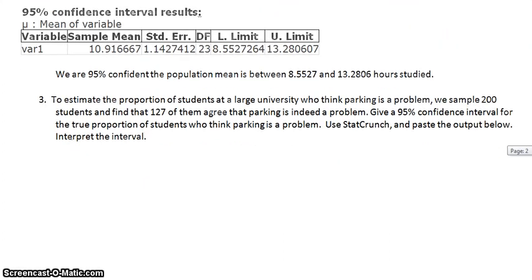Okay? Keep in mind that doesn't mean that that's how much we think the individual student studied, it's the mean.